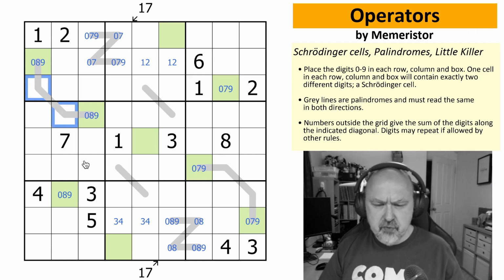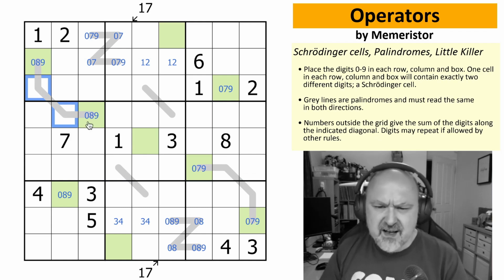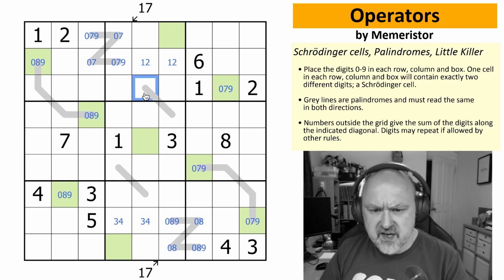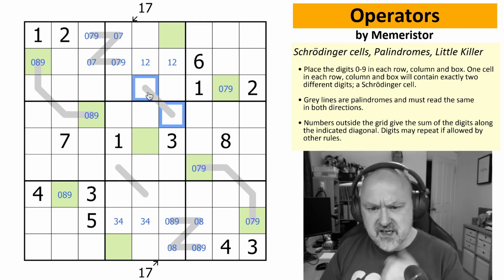They don't seem more restricted. Can't be these tiny little palindromes, can it? Like, what does that see?